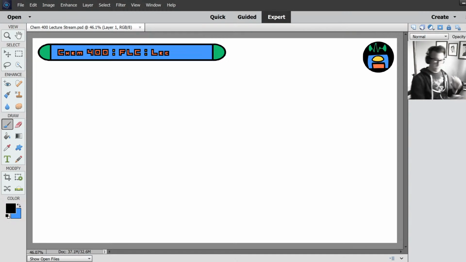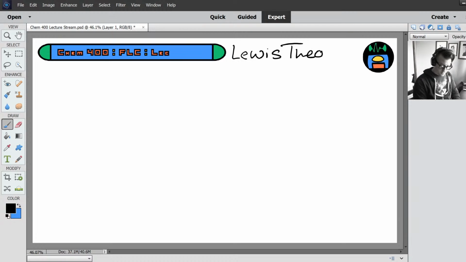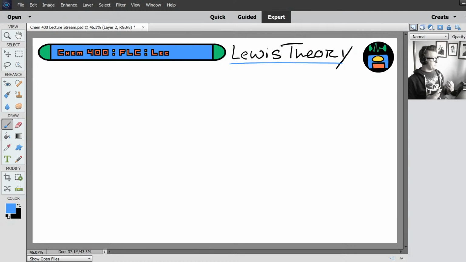So we're going to continue our discussion of Lewis theory, and we left off on Wednesday talking about how to draw the Lewis dot structures of atoms, of elements.